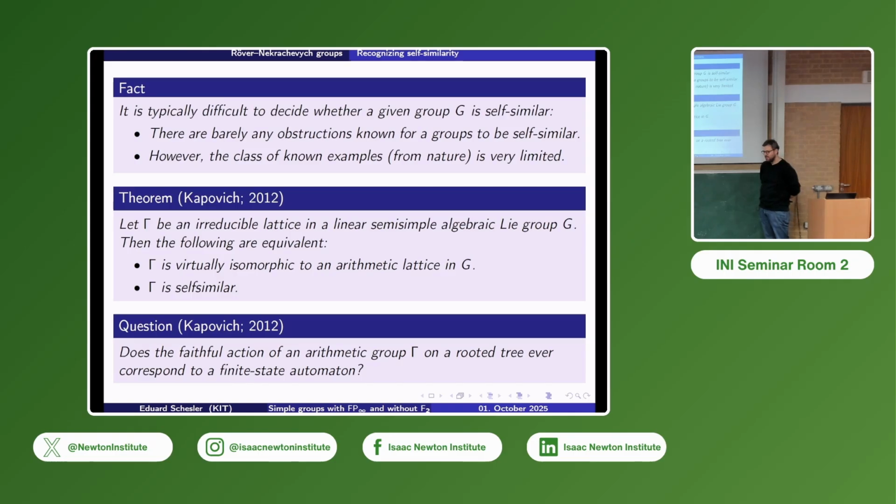Okay, there is an obstruction, namely if the abstract commensurator group coincides with the automorphism group, then the game is over. It cannot be self-similar. Then, of course, it has to act not only on the rooted tree, but on a rooted tree that has bounded width.